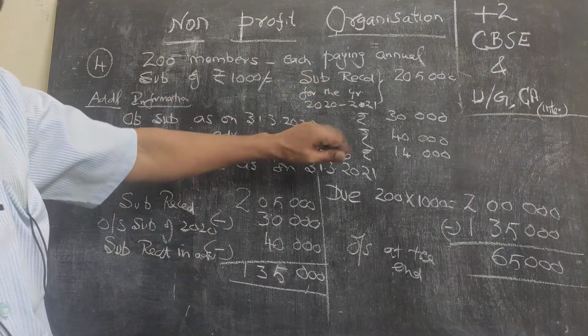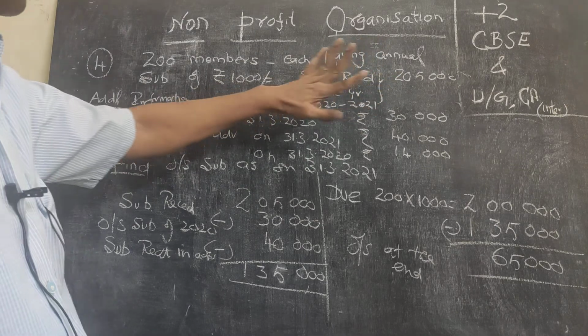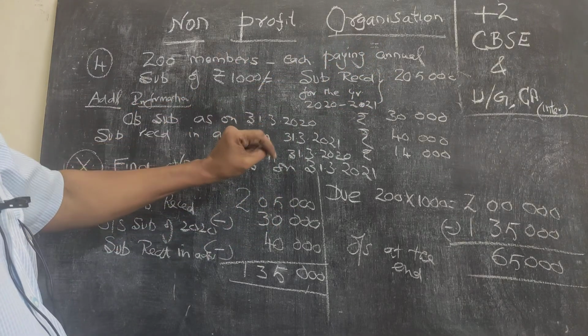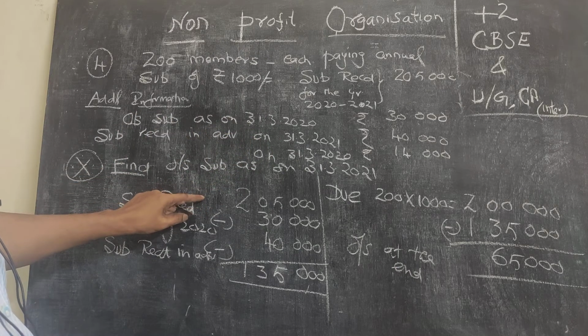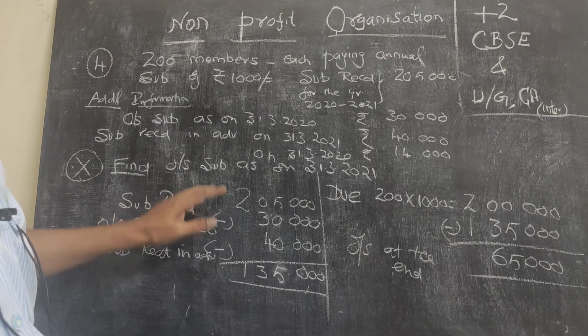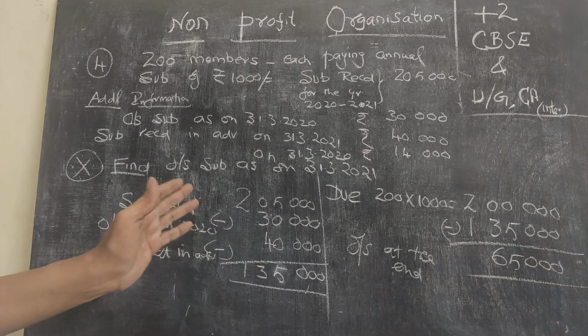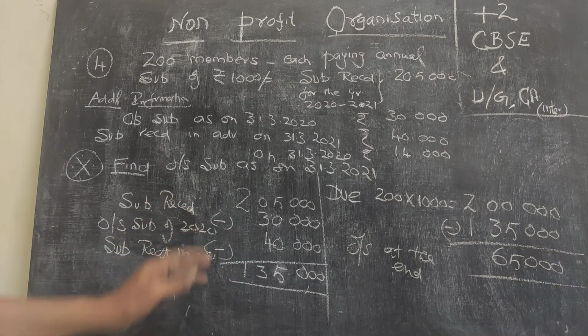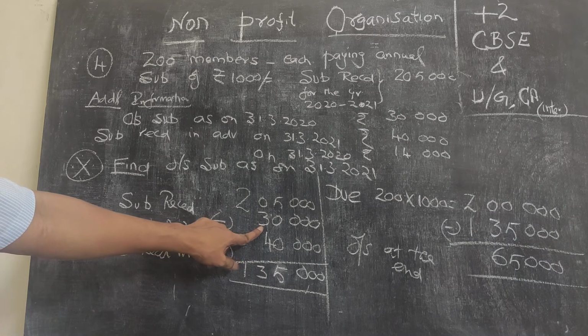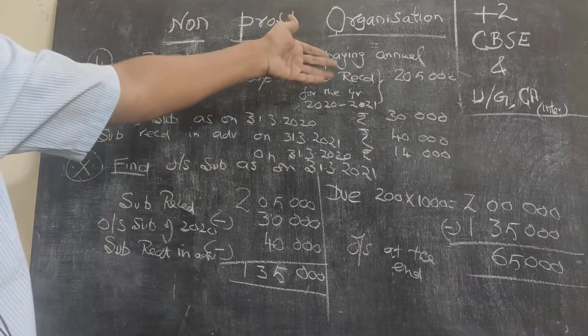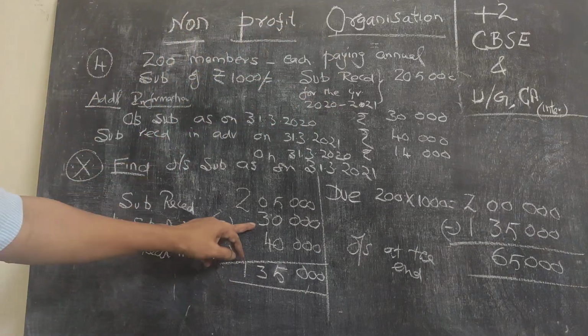So look into that problem. This 2,05,000 received, here we have to adjust certain things. In the receipts, we are finding out what is the amount of subscription received pertaining to this year. So this 30,000 outstanding subscription as on 31st March 2020, we would have received, but not for this year, therefore I am removing it.